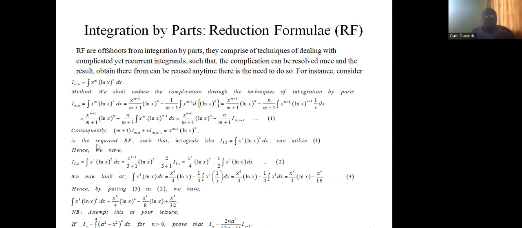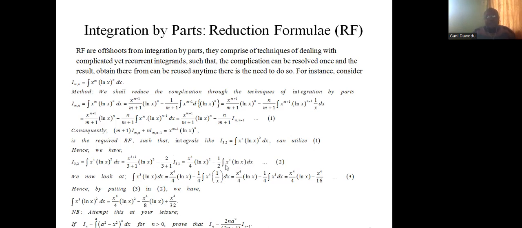Okay, so equation 1 can be used to generate some other results. Now, if we have something like this to bargain with, it's a special type of this for m equals 3. And by the time you do integration by parts, you have this, and you utilize the result, equation 1. Then you have this with ease.